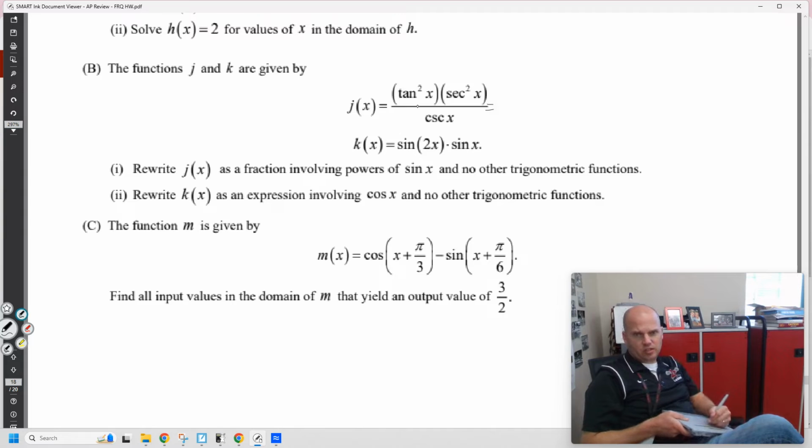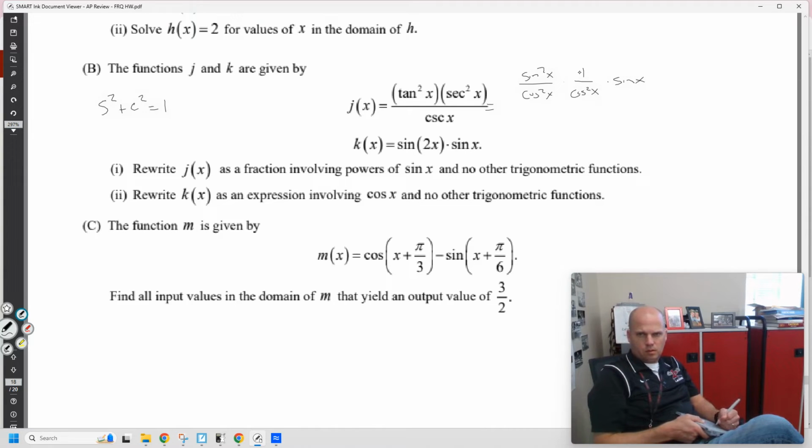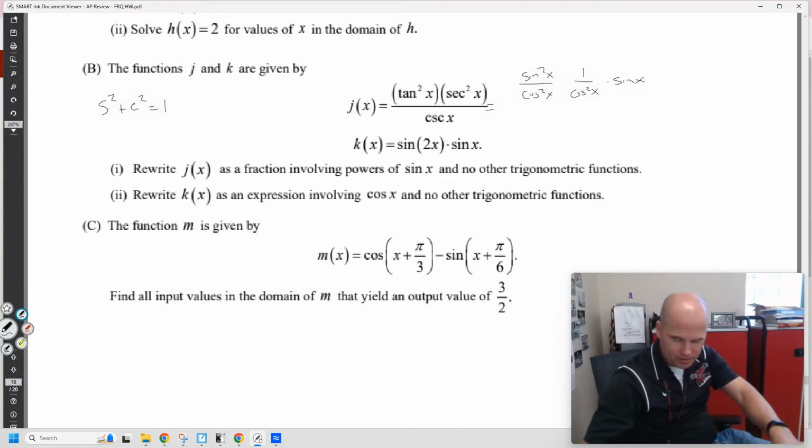I'm thinking about changing this to 1 minus secant squared, but then it's like secant's. I don't think this simplifies.